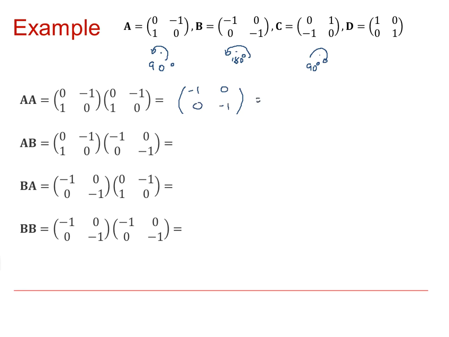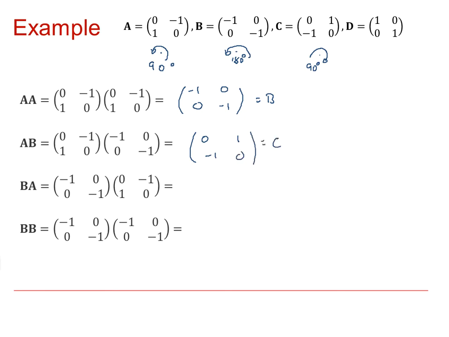So that is equal to B, which confirms what we'd said already, considering the transformations. Two 90 degree rotations about the origin is going to produce a 180 degree rotation. If we look at A and B, then here we get 0, 1, -1 and 0, which is C.